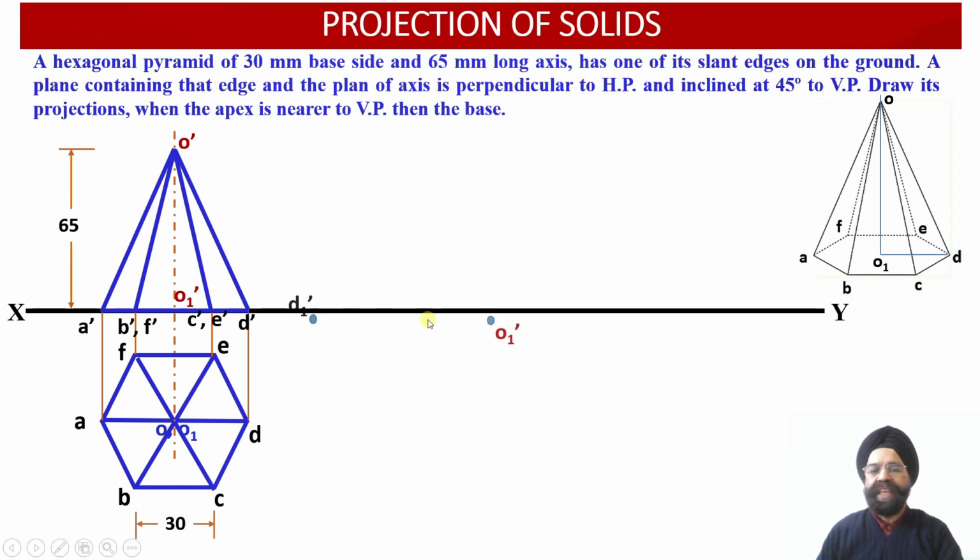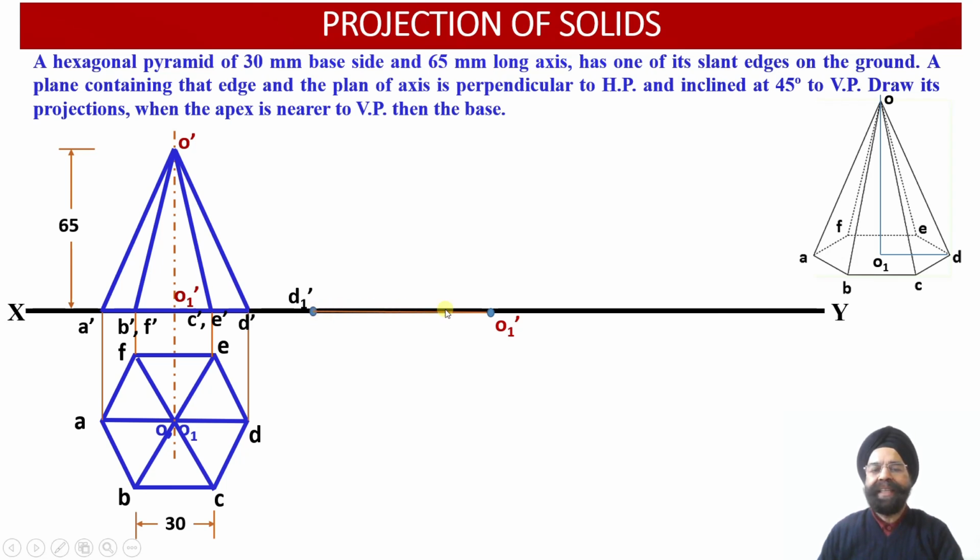Now you can see we can mark this distance corresponding to the slant edge length over here, which is equal to O dash D dash. This point we have marked as O1 dash, and this point we have marked as D1 dash. So the distance between O1 dash and D1 dash is equal to the length of the slant edge O dash D dash over here.